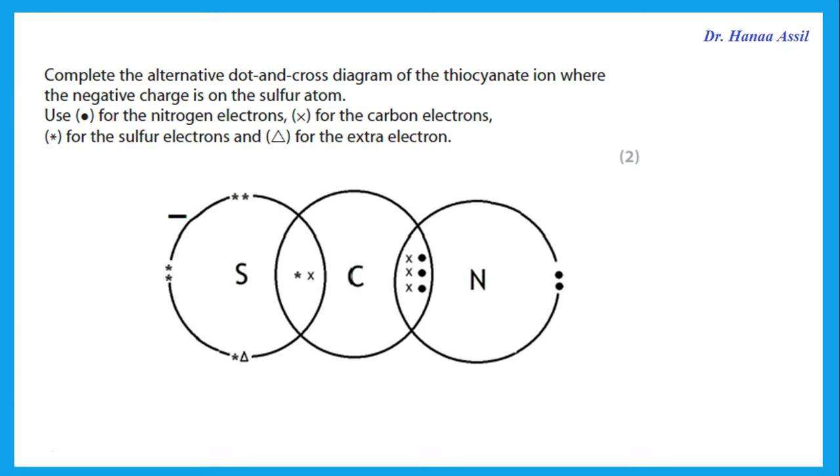Well, nitrogen, if we start on the right, has 5 electrons, it needs 3 more, so it will have a triple bond with the carbon, sharing 3 pairs of electrons, and it still has a lone pair of electrons. Now the carbon needs a total of 4 electrons, so it forms 3 bonds with the nitrogen, 1 bond with the sulfur, and the sulfur is the one now that has the extra electron that is drawn as a triangle.